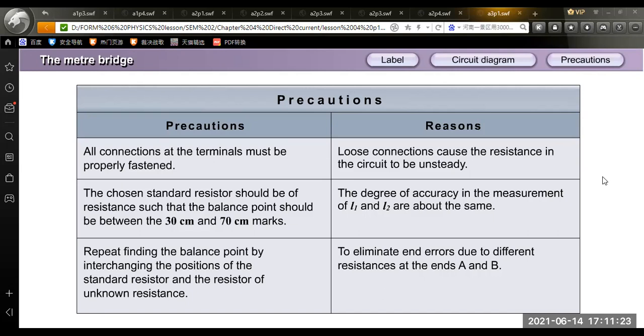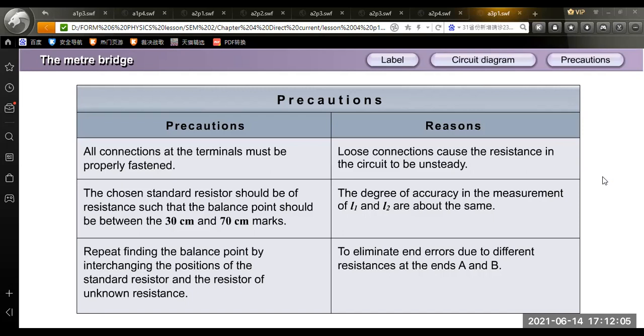Next, repeat finding the balance point by interchanging the position of the standard resistor and the unknown resistor. We exchange the resistor and the wire. Reason: to eliminate an error due to different resistance at the ends A and B. Let's say now I get the length from A to the jockey and the jockey to B as 30, 70.